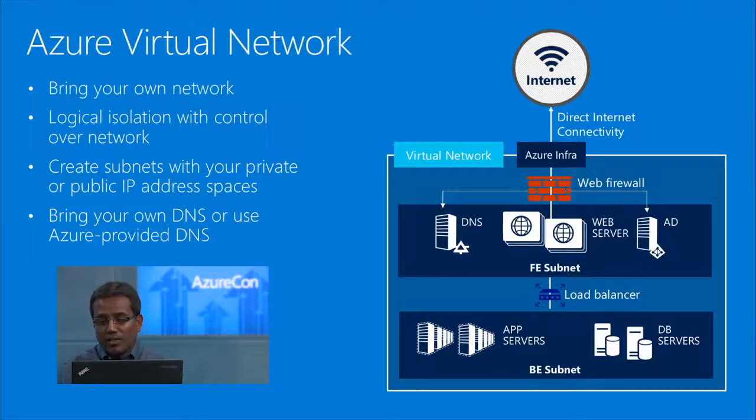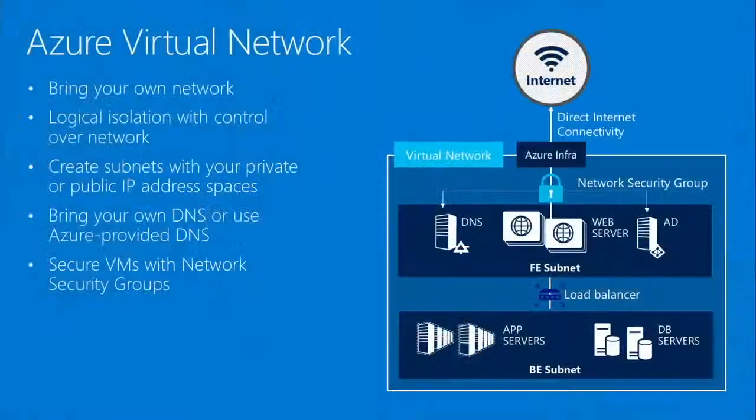Azure automatically gives you connectivity to the internet. So anything that was done through hardware in your on-premises now is achieved through software-defined networking. So the virtual network here behaves like a layer or a casing for your deployments, and Azure can connect this virtual network to the internet using its own infrastructure.